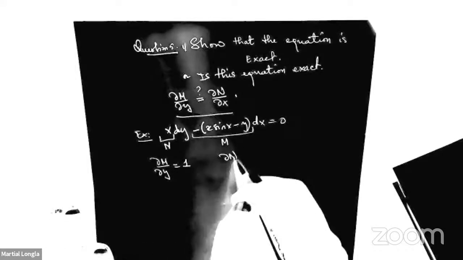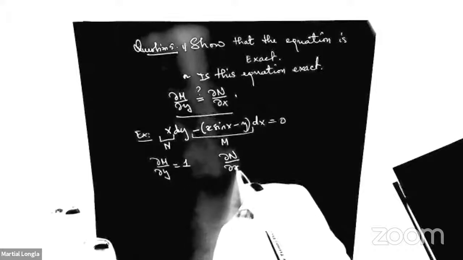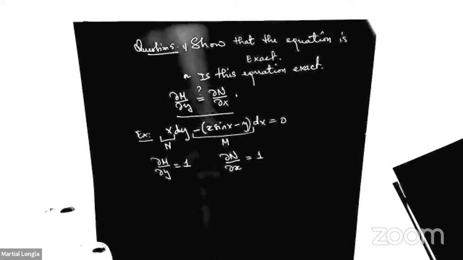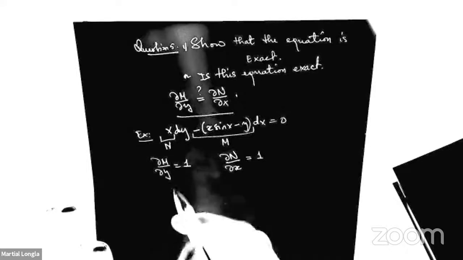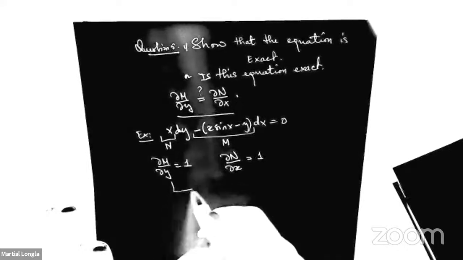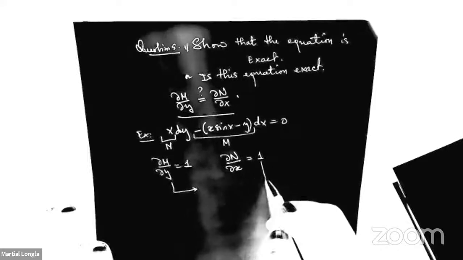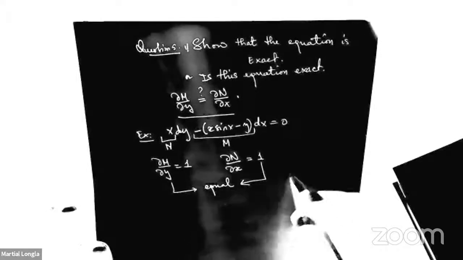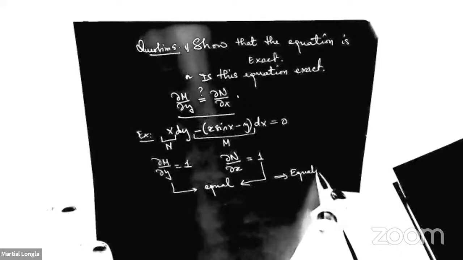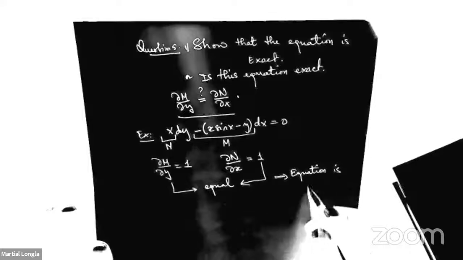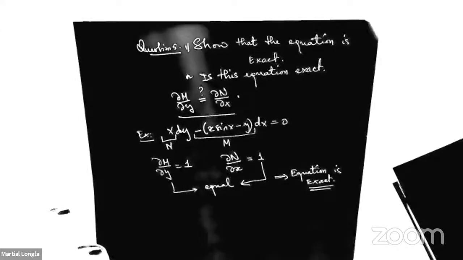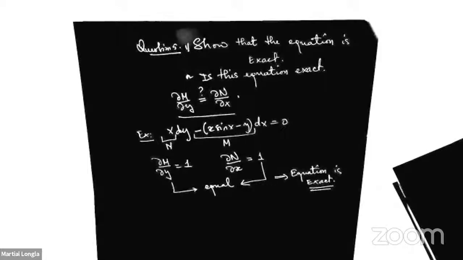And dN over dx equals, oh my God, 1 also. So just looking at it at the beginning, it seems strange, but actually they are equal. And when they are equal, the equation is exact. That's it. Exactly an exact equation.